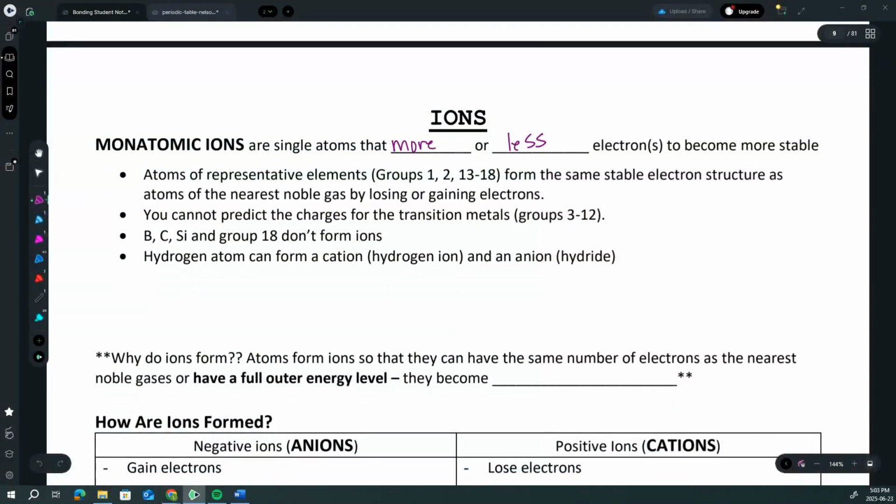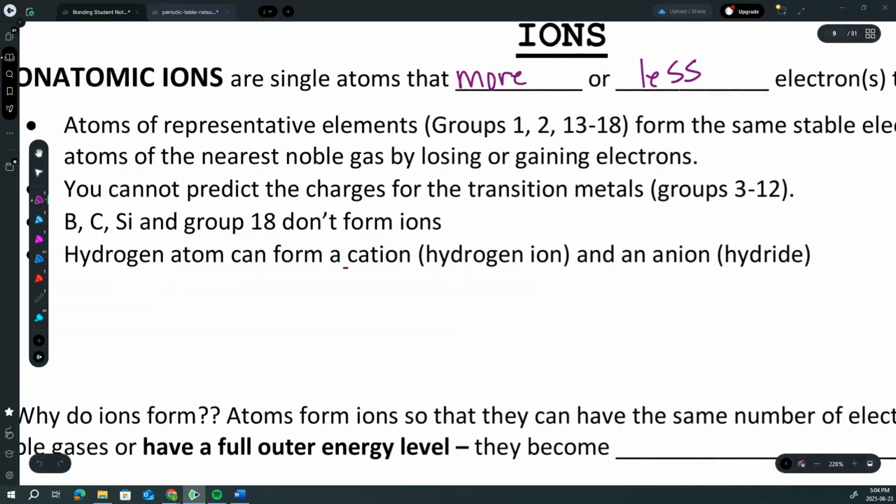For boron, carbon, and silicon in group 18, they do not form ions. And hydrogen atoms can either form a cation, so a cation is a positive ion, so that is a term that you need to know.